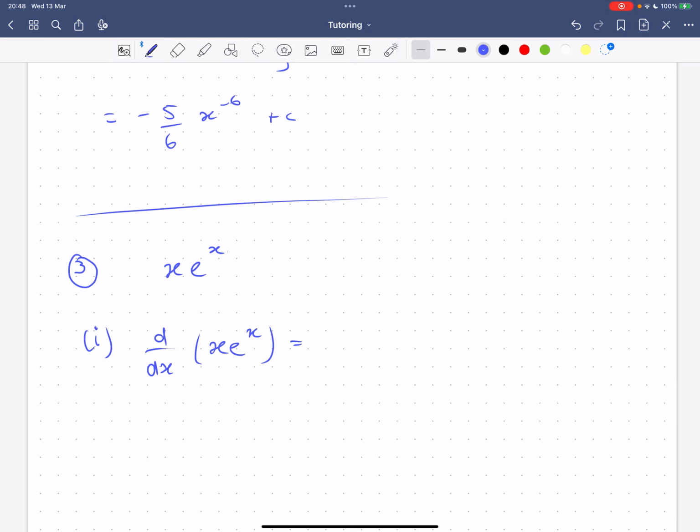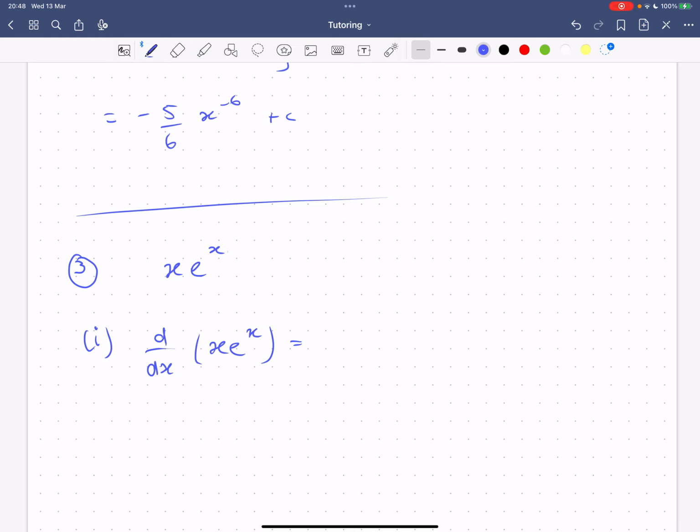Well, the product rule tells us that we differentiate the first thing, times it by the second thing, and then add the differentiation of the second thing and times it by the first thing. Again, in extension maths, we need to try to move away from the idea of u's and v's and think about conceptually what's happening.